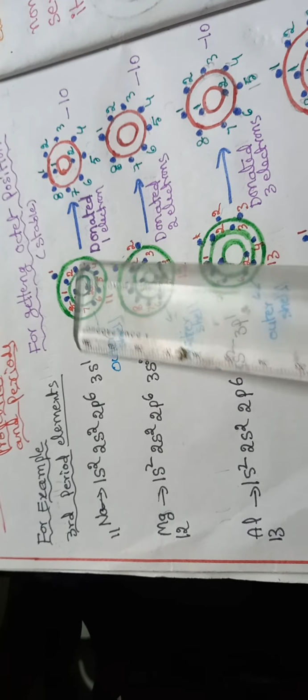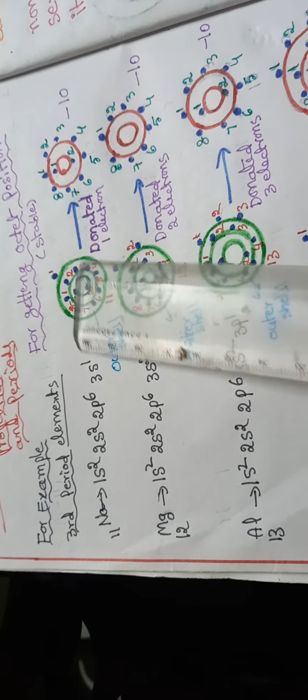So when sodium donates this 1 electron to others, here 2 main shells are there and the outer shell contains 8 electrons. First the electrons were 11.